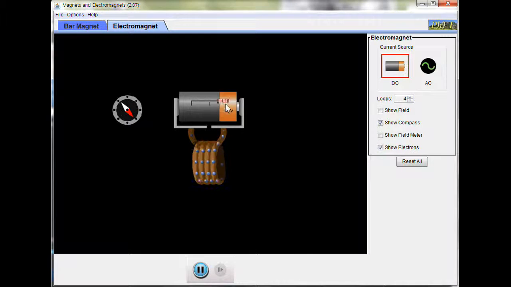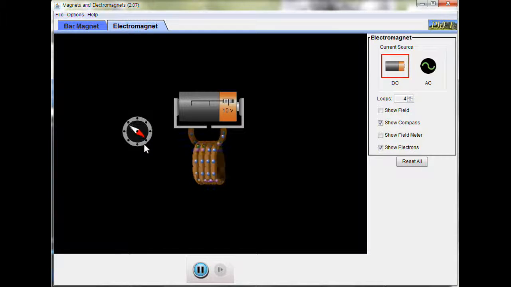As you can see, these particles flow into the positive terminal of the battery. So these are electrons, and the direction of this electron flow is opposite to the direction of the current. And as you can see now, the direction of this compass has changed.